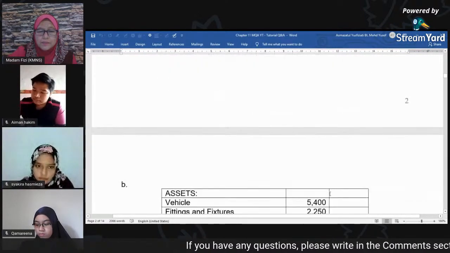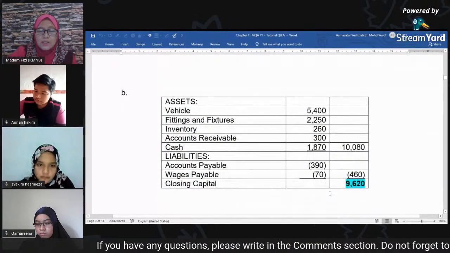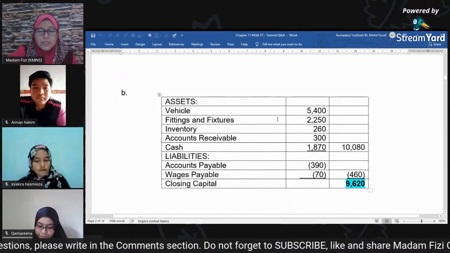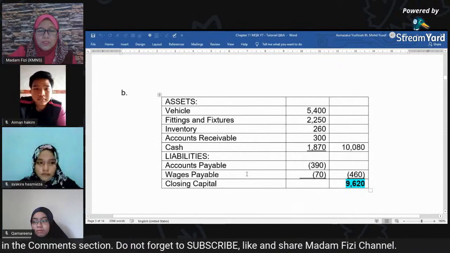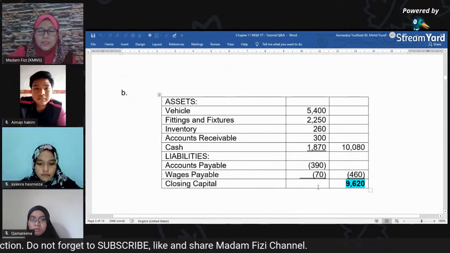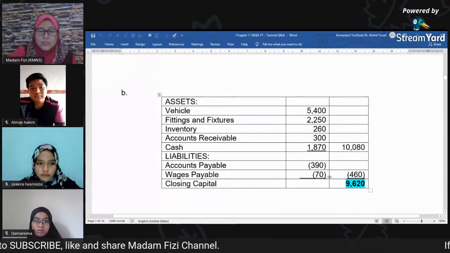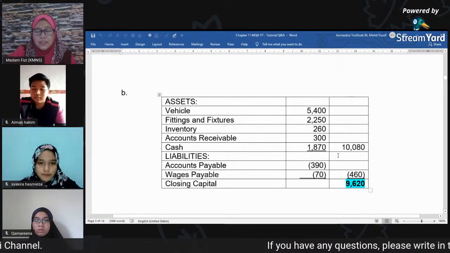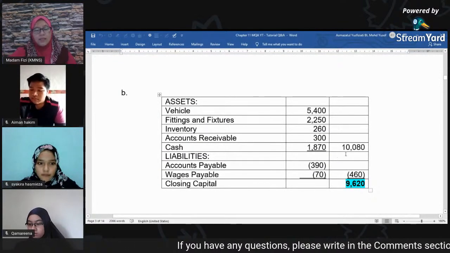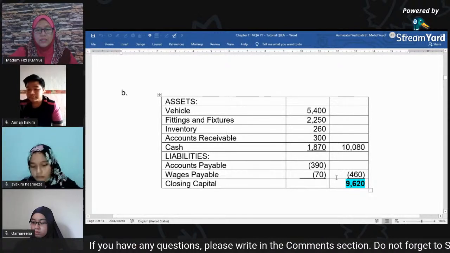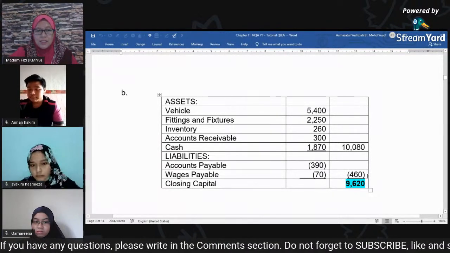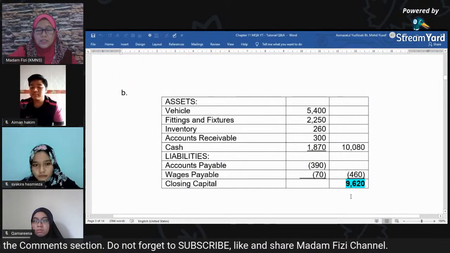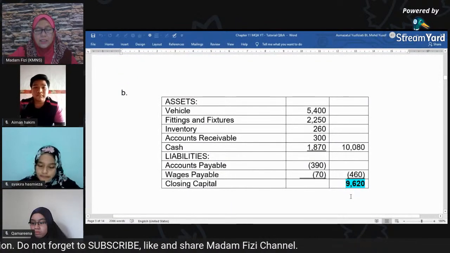Okay, now you have opening capital. B is to calculate the closing capital. So the formula is closing asset minus closing liabilities. This figure also you can get from the questions. So total of closing asset is 10,080 minus closing liabilities 460. So you get closing capital 9,620.